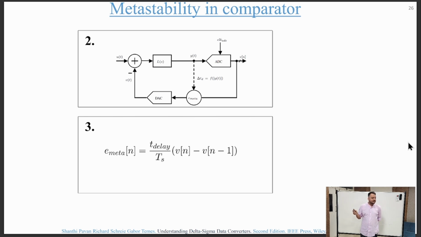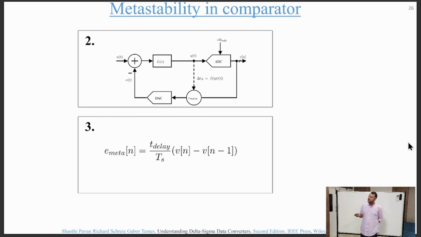If the sample is very close to the threshold and stuck in metastability, the clock-to-Q delay can be modeled as a Poisson process. So the delay value is a random variable here. That will manifest similar to jitter in the DAC, and it will also modulate the phase of the feedback.